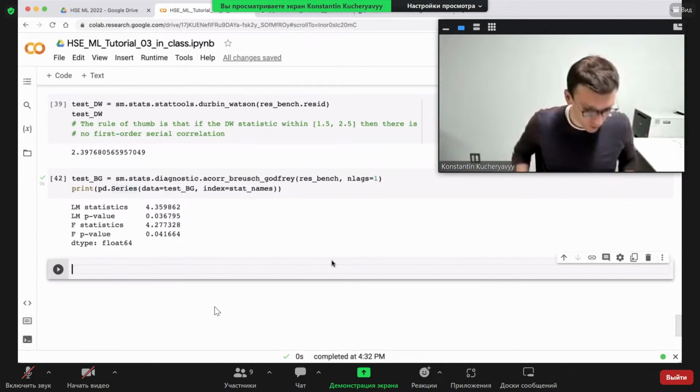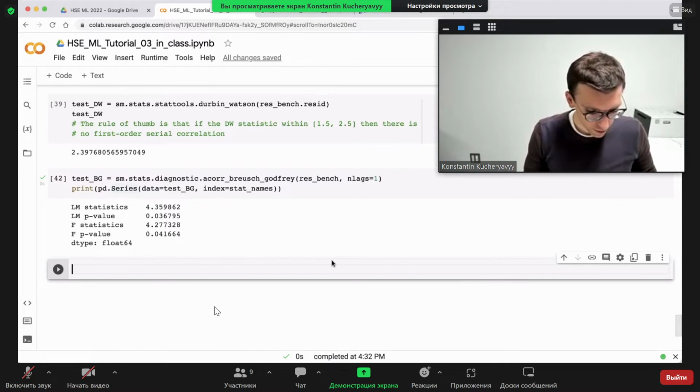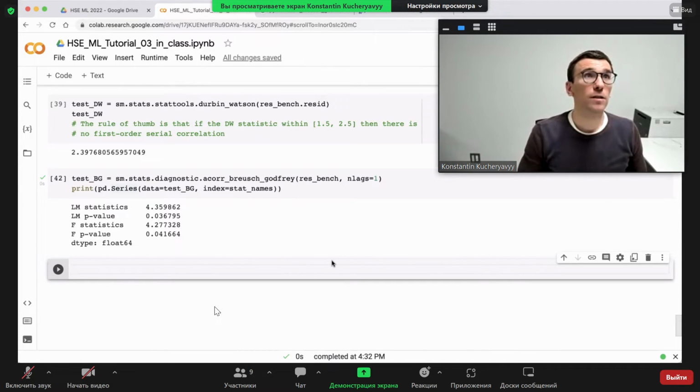Like sometimes we should do some transformation of the model, because normal residuals are nice.